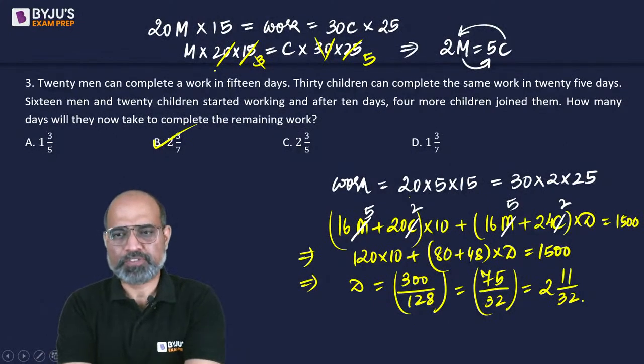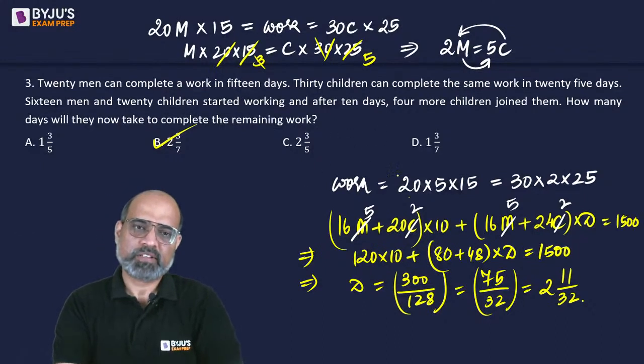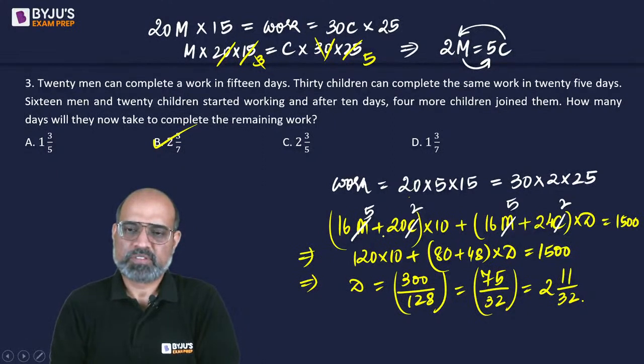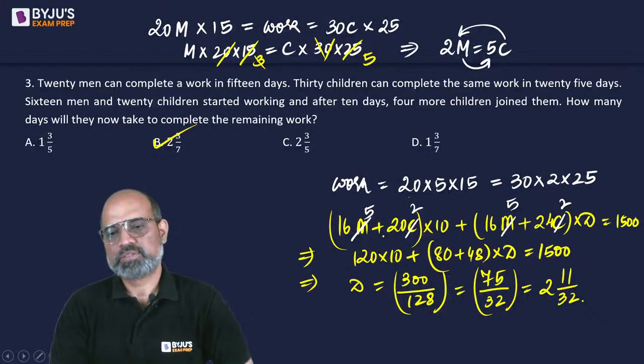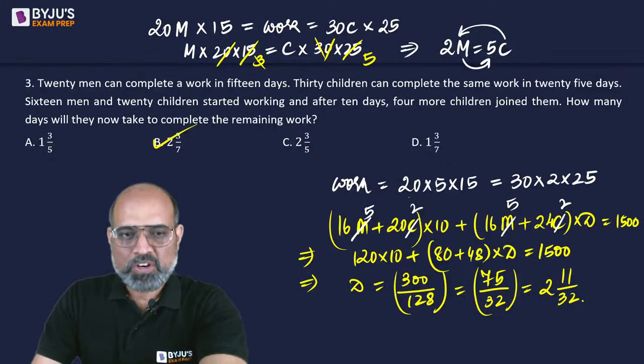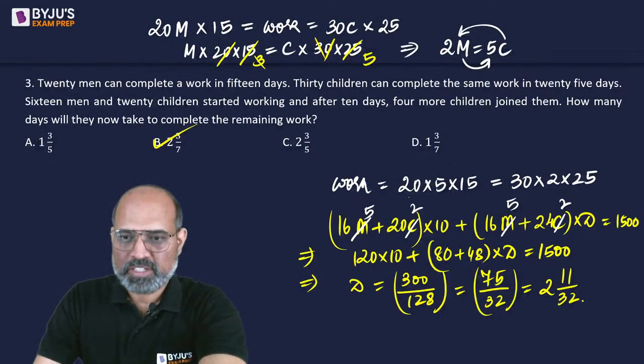Because it is giving us 1500 either way. 50 into 30 is 1500. 8, 40, 80, 800 plus 150C by 64. Okay, so I don't see any calculation mistake.